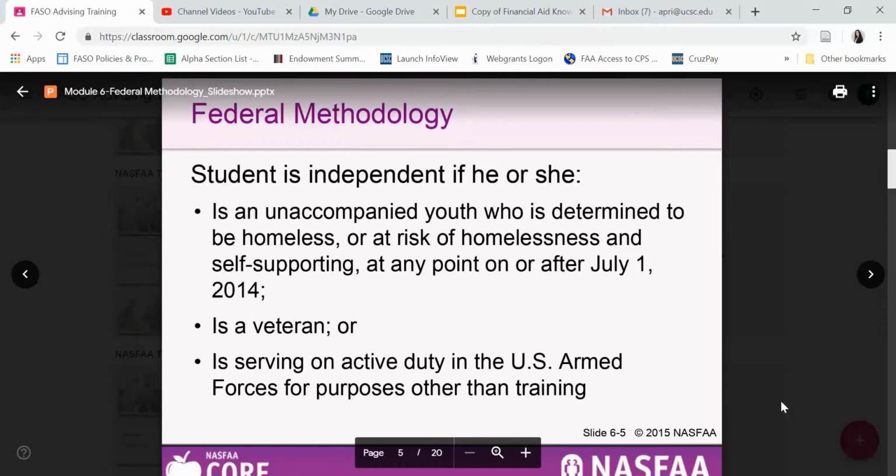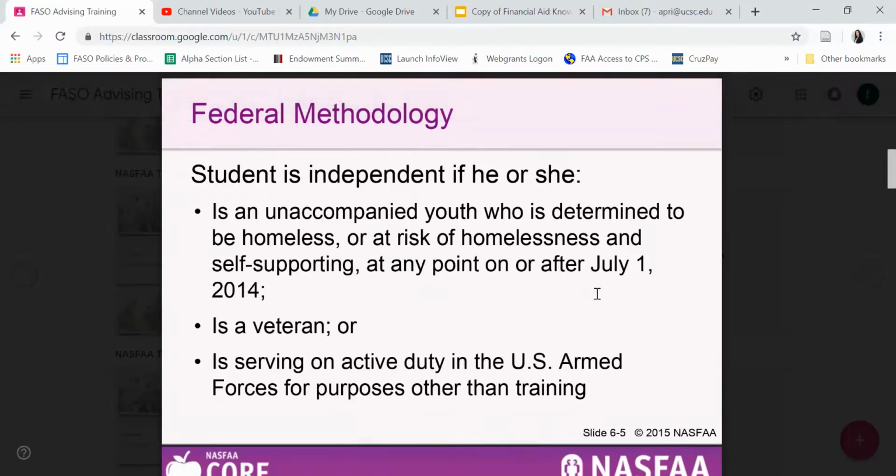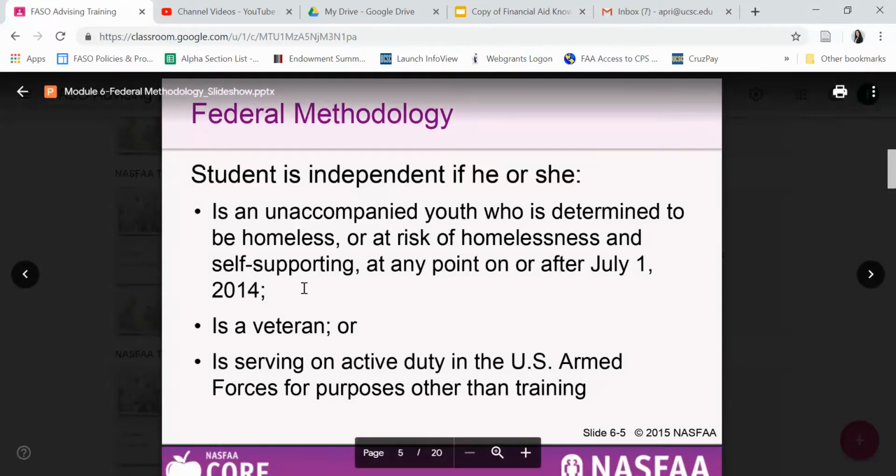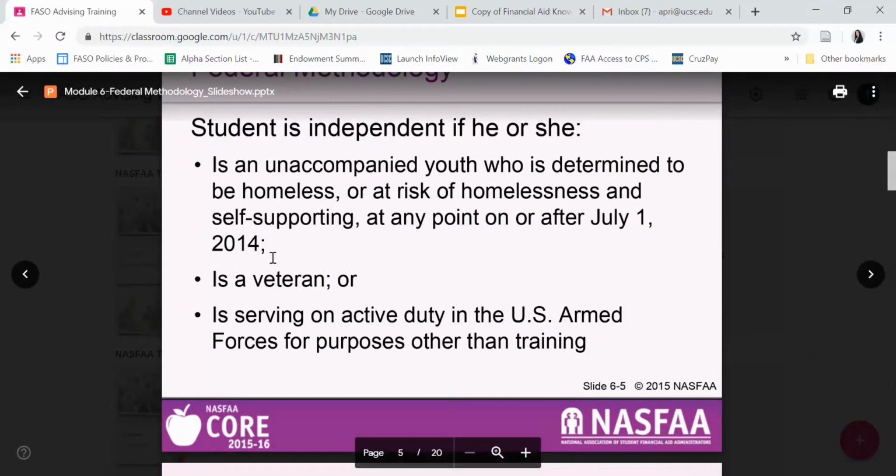Here are a couple others. They're a veteran, active military, in the armed forces for purposes other than training, are an unaccompanied youth, meaning they lack fixed housing and don't have any connection with their parents, or if they're at risk of homelessness and are self-supporting at any point beyond July 1st of the award year. This is an old presentation, so in this context it would be like 2019.